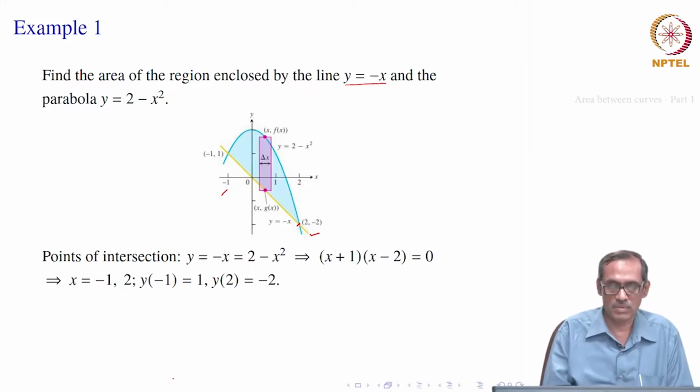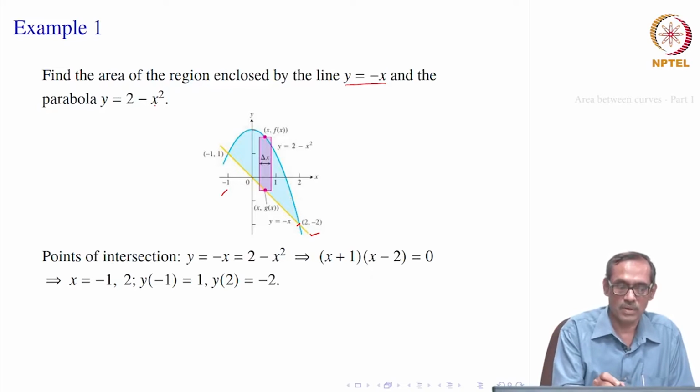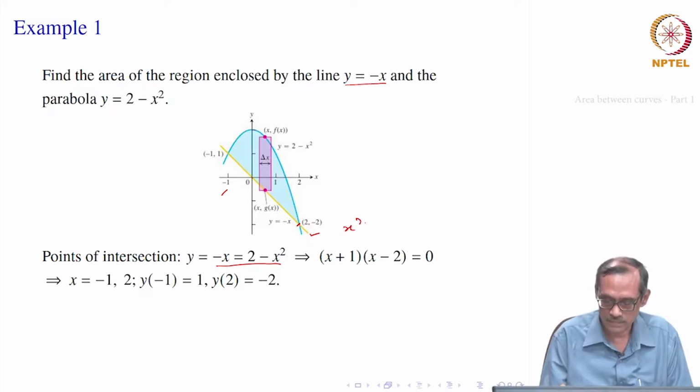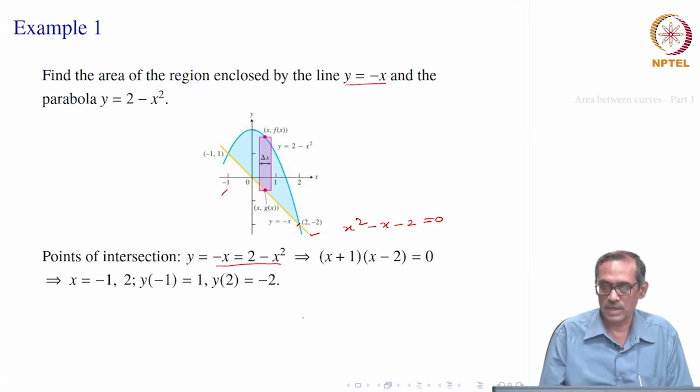So, let us find them out by solving the equations. To find the intersection points of y equal to minus x and y equal to 2 minus x square, we eliminate y. So, we say minus x equal to 2 minus x square. So, that gives x square minus x minus 2 equal to 0, which is x plus 1 into x minus 2 equal to 0.